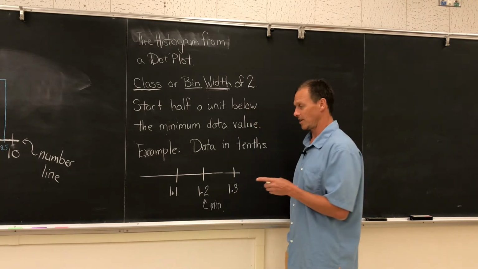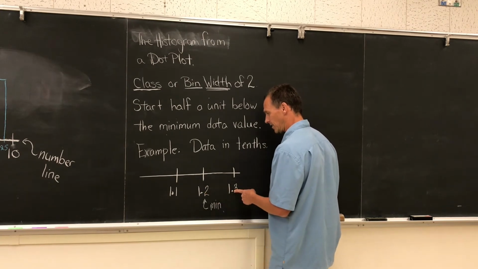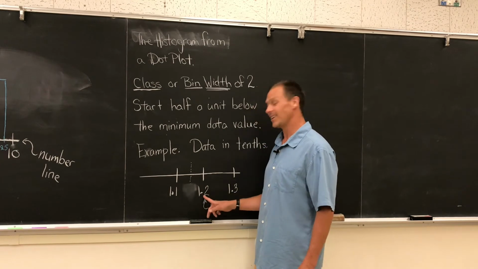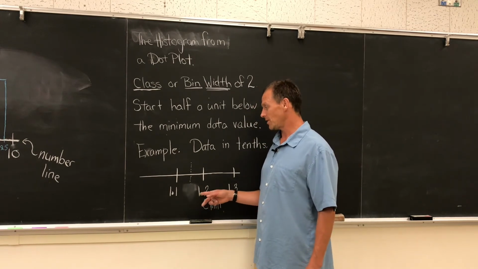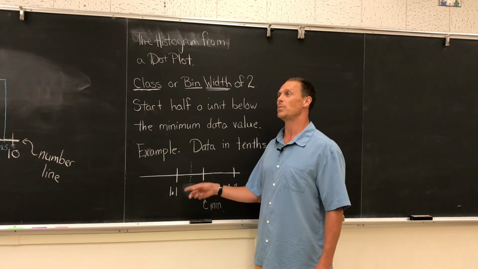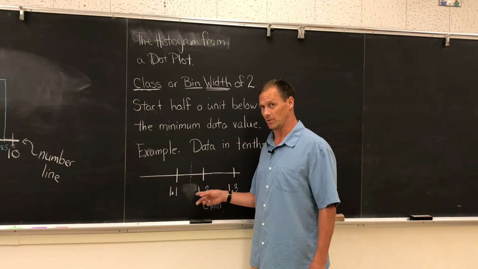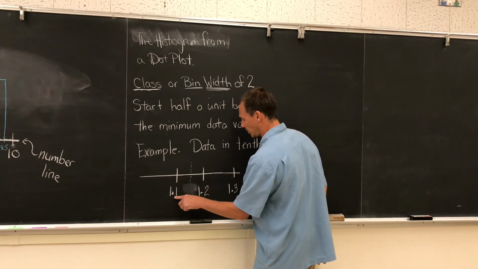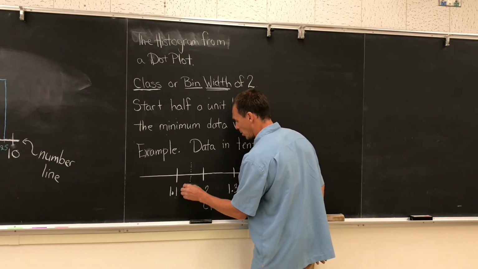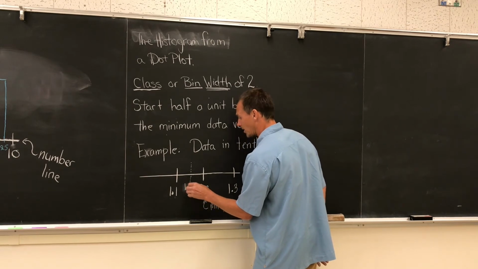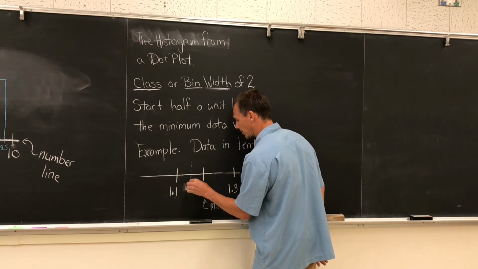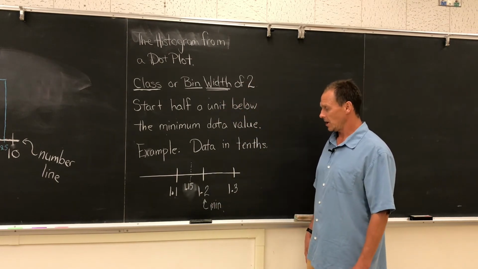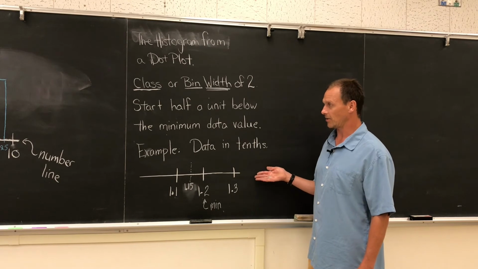Since our data is in tenths, half of a unit will be out in the hundredths column. So what's right in between 1.1 and 1.2 would be 1.15. That's how you want to account for this as you go.